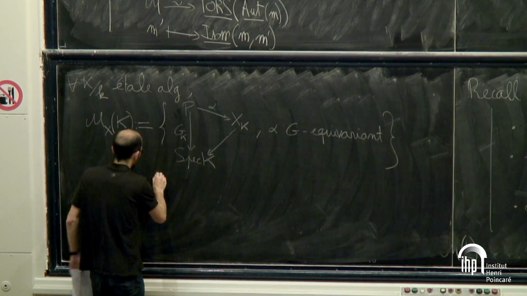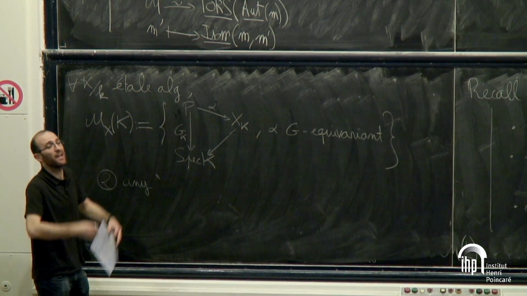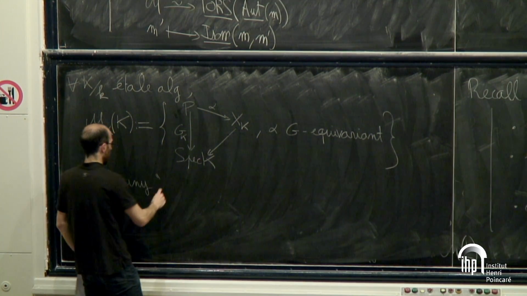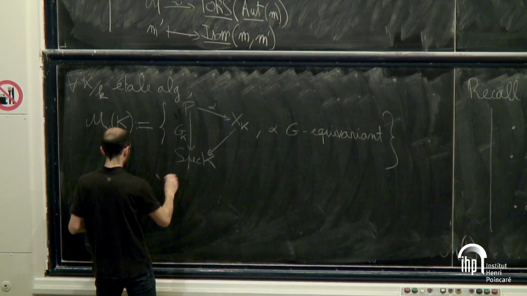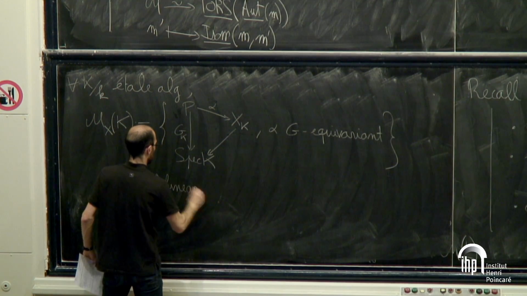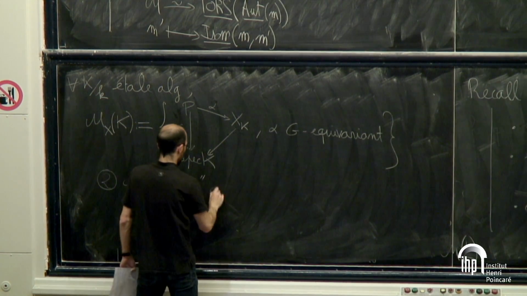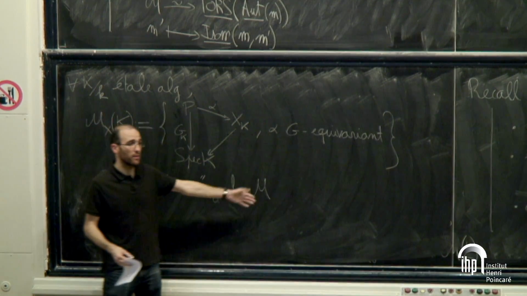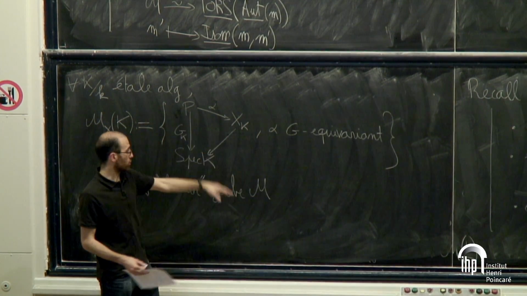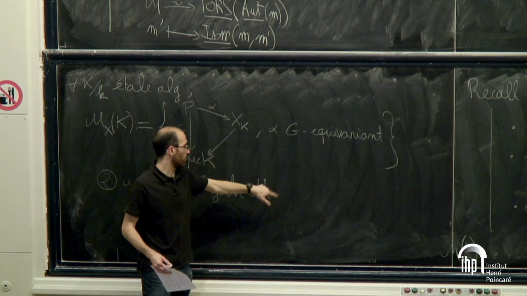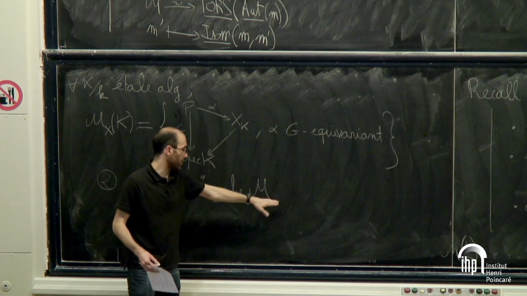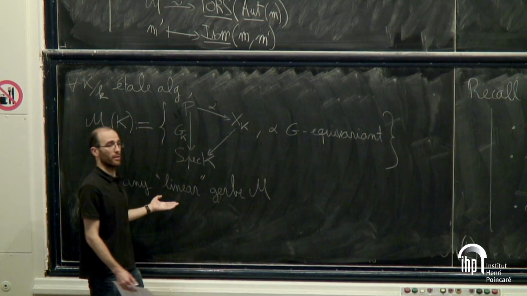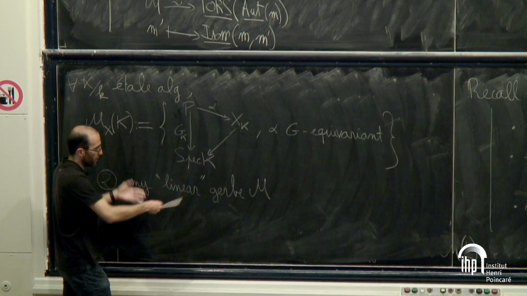You have to define a replacement for linear algebraic group, so I will write linear gerb M. It just means that if you take a point over some finite extension K of M, the sheaf of automorphisms is represented by a linear algebraic group. This is the definition of a linear gerb.